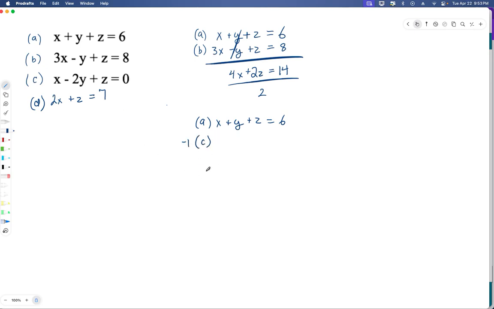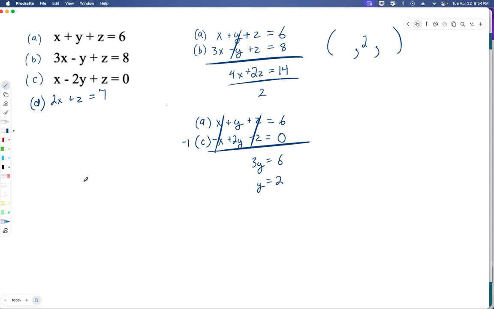Negative 1 times C gives me a negative x, a positive 2y, and a negative z is equal to 0 because that doesn't change. So now this cancels and this cancels. I have 3y is equal to 6. So y is equal to 2. So that's a good start. I've already got one of my solutions set. Got the y.